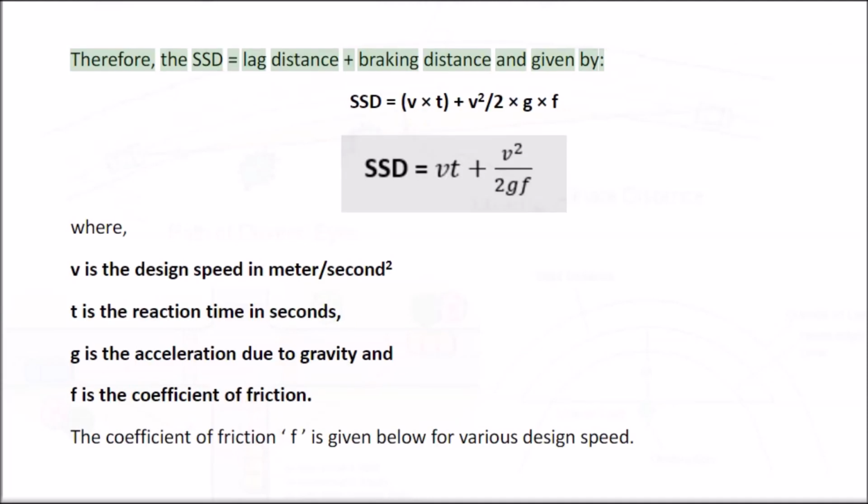Therefore, the SSD equals lag distance plus braking distance, and is given by SSD equals v times t plus v squared over 2 times g times f, where v is the design speed in m/s, t is the reaction time in seconds, g is the acceleration due to gravity, and f is the coefficient of friction.